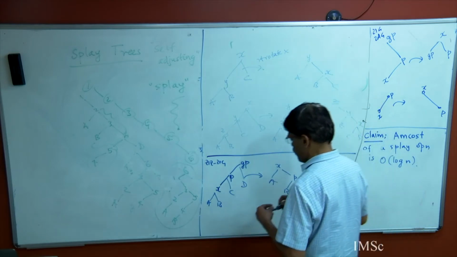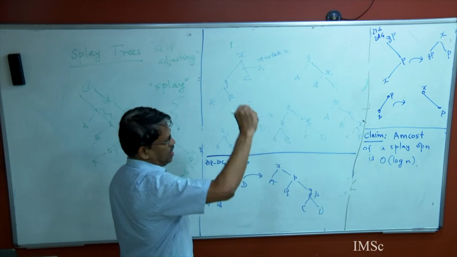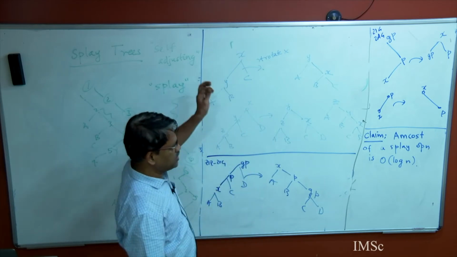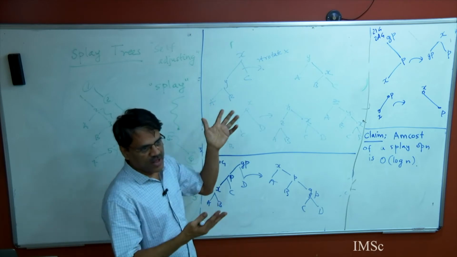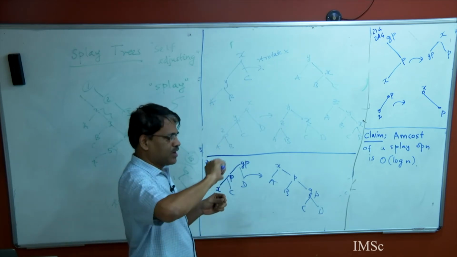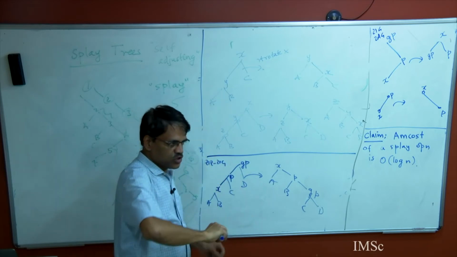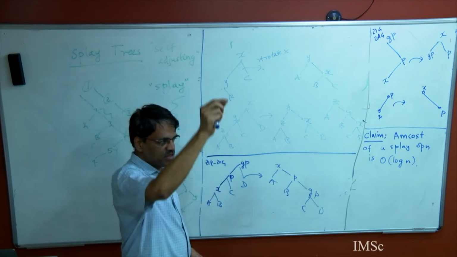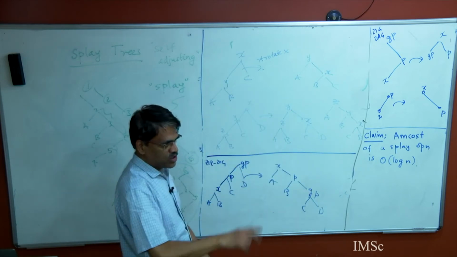What this is saying is that the actual cost is the length of the path, because the rotations correspond to the length of the path anyway. With a parent and grandparent, the length is 2 and you're doing 2 rotations; otherwise you're doing 1 rotation. So if you search for X and find it here, the actual cost is that.